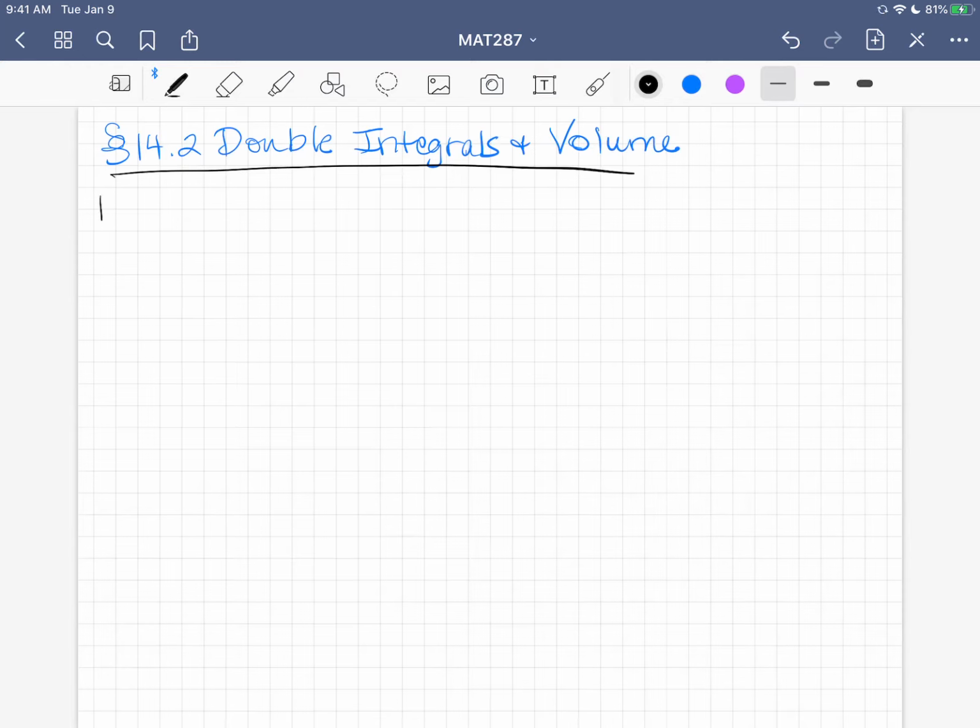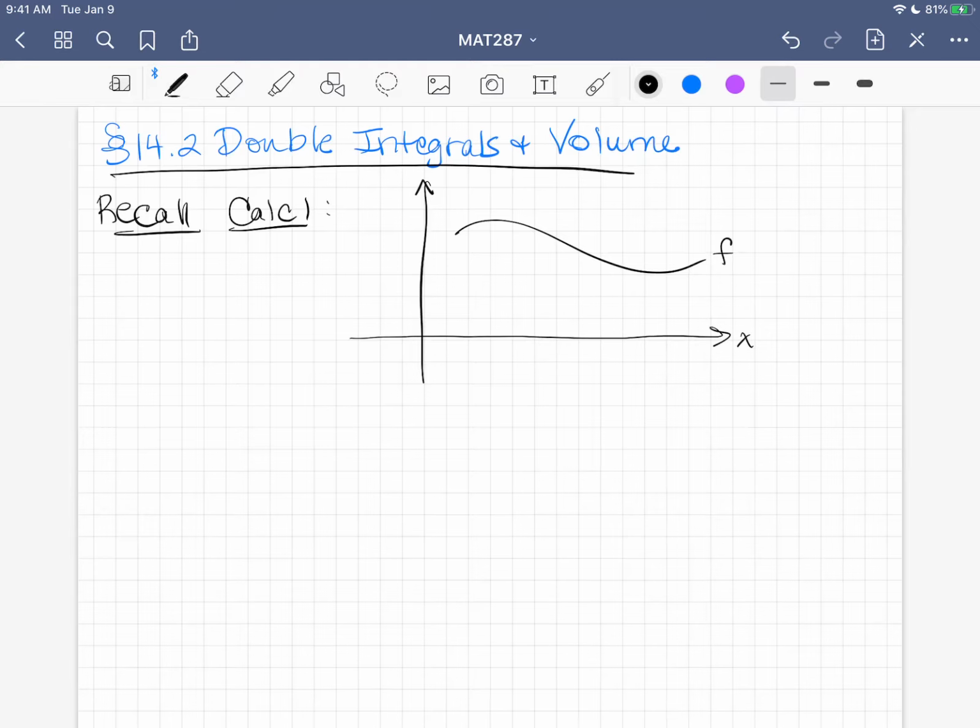Okay, so remember in Calc 1, when you were learning about integrals, we looked at the integral as measuring the area under the curve f of x.